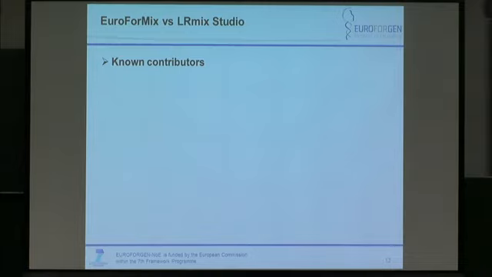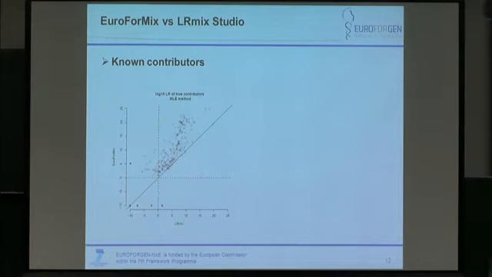Okay, so we compared Euroformix with LRmix Studio. First of all, we look at what happens with this data set with the known contributors, and we get a plot like this. So we've got LRmix on this axis and Euroformix on this axis, so you can immediately see that you tend to get higher likelihood ratios with Euroformix.